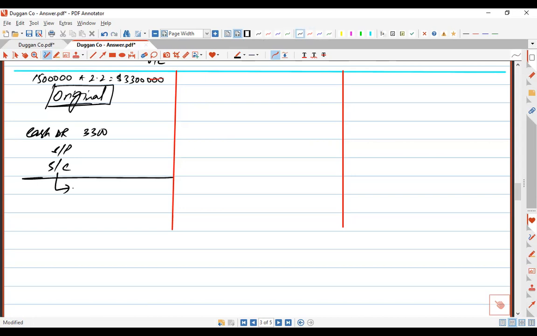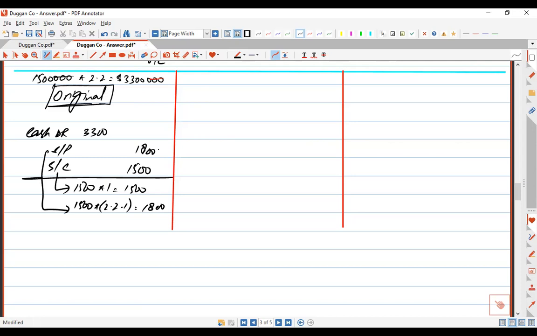So if 1.5 million shares, 1500 shares, are issued at 1, share capital is to be credited with 1500, whereas share premium is to be credited with the differential figure, the difference between the market value, the issue value, and the par value. So it means 1800 amount of share premium is calculated.